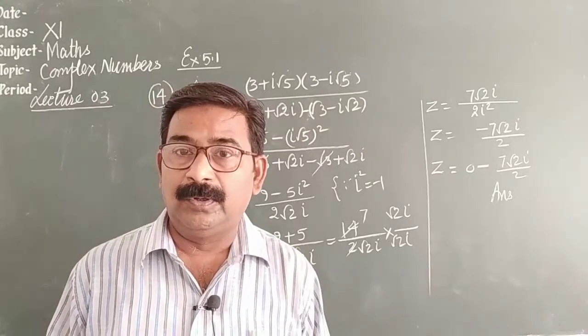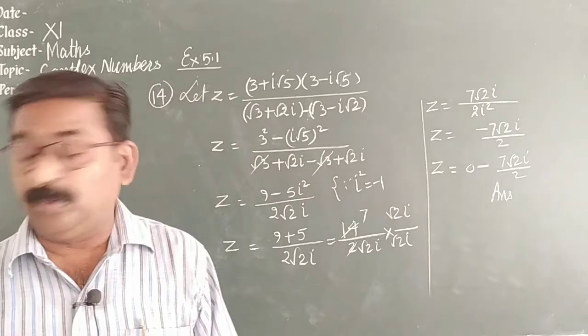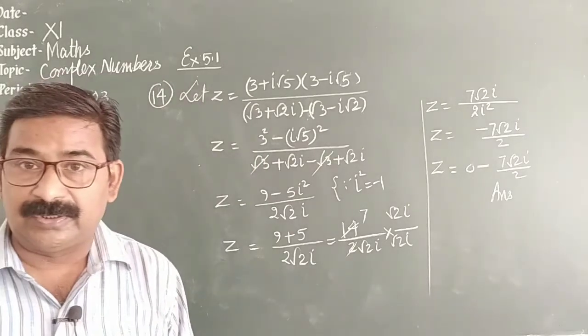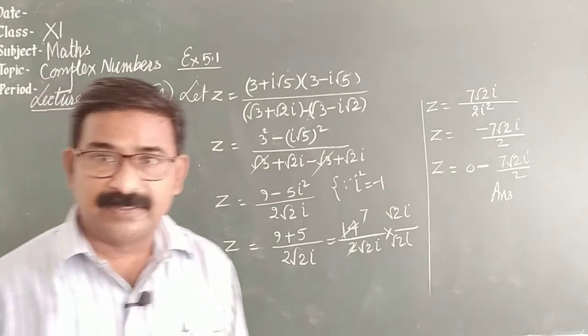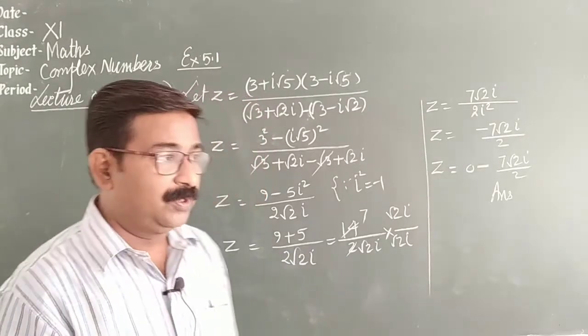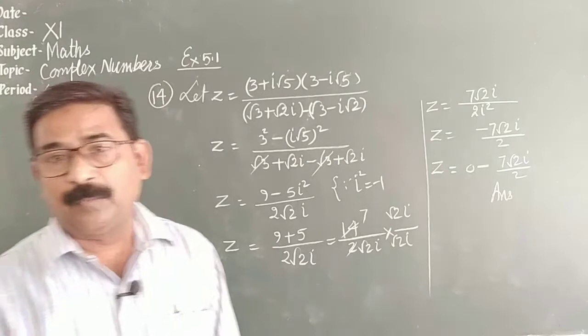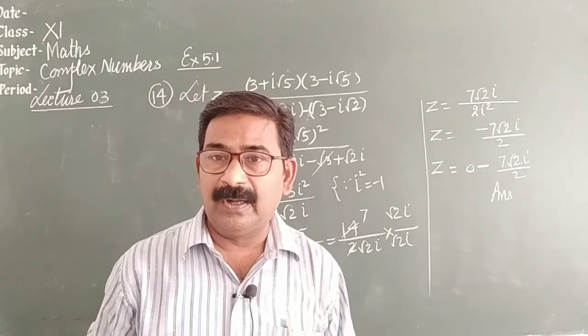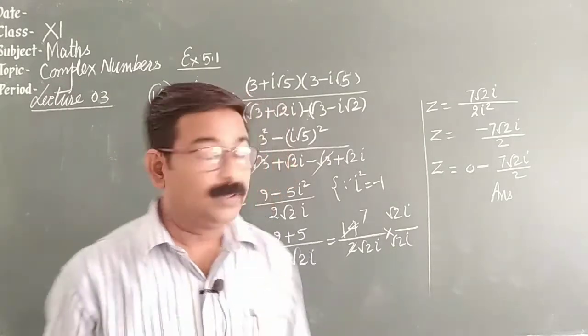Polar form means we do not have to solve these questions because it is out of syllabus. For this year only, CBSE has removed the portion. Two things are removed now: the polar form of the complex number and the square root of the complex number.